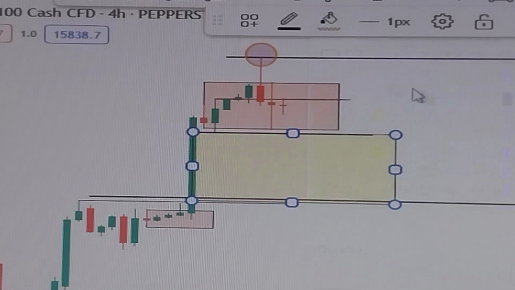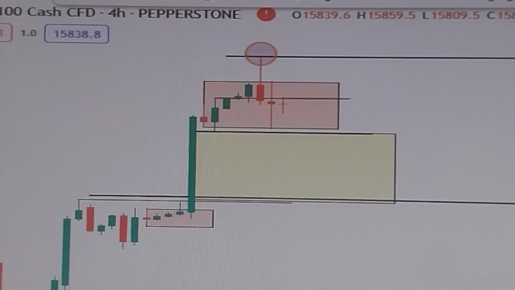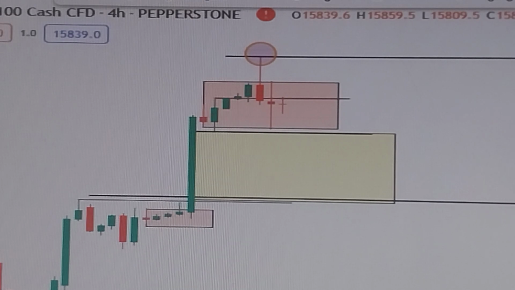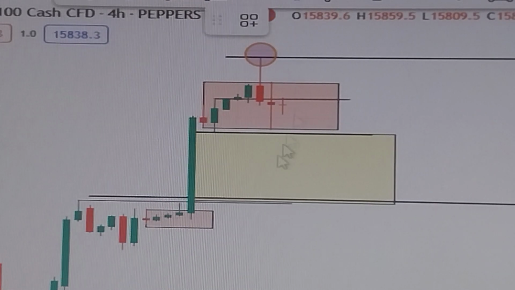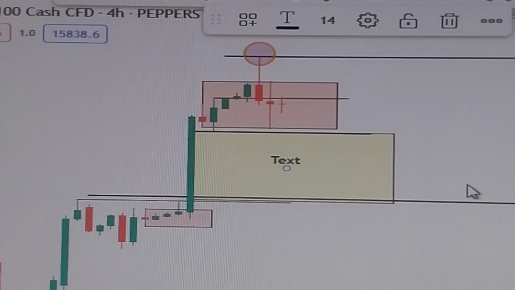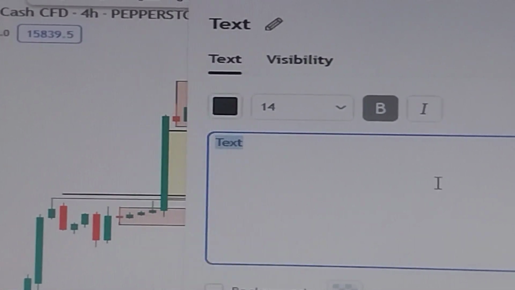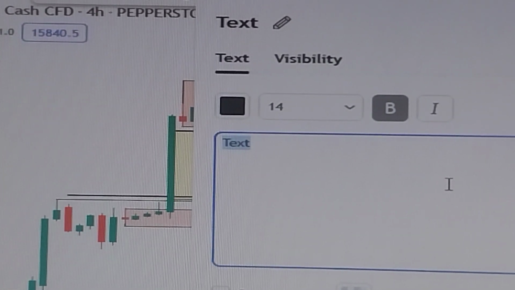In most cases, when you deal with such time frames and you identify your fair value gap, you have to now understand what you are looking for in the market.